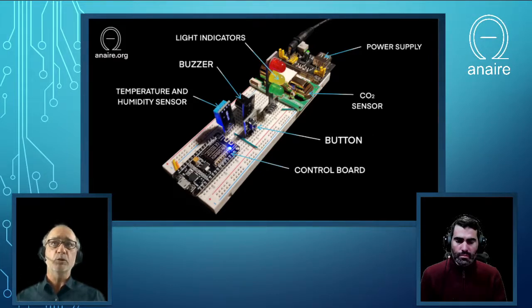The idea is that anyone without deep knowledge of technology, just with the correct instructions, will be able to plug in the different components, like the control board, the button, the sensors, the CO2 sensor, the lights and the buzzer for alarms, and the power supply, without any soldering or complicated manipulation. The idea will be to get funding to industrialize these sensors so we can provide them in big numbers to different public institutions.